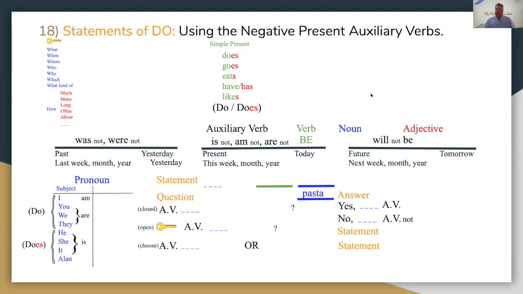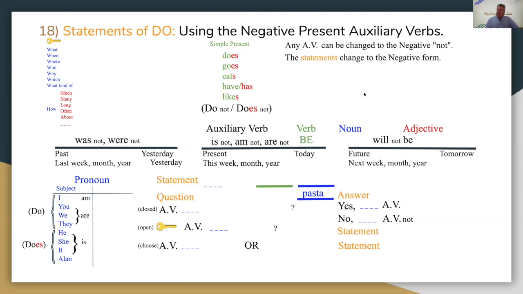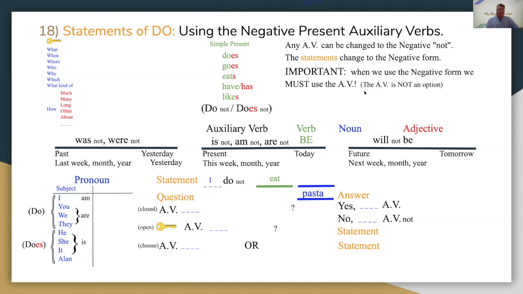Now, the next thing that we can do with the auxiliary verb is make the auxiliary verb negative. So, not. I do not, she does not. Now the statements change to the negative form. Okay, but it's important.